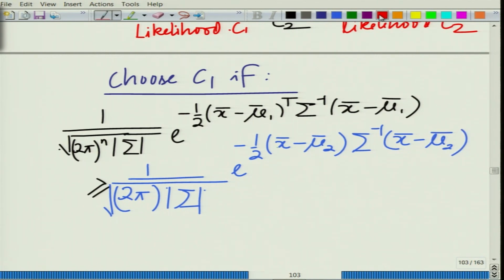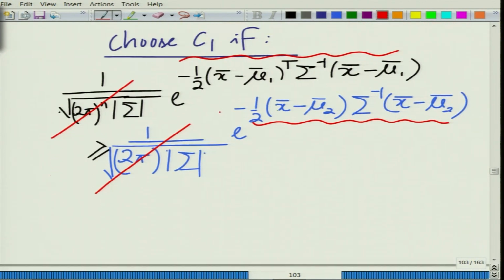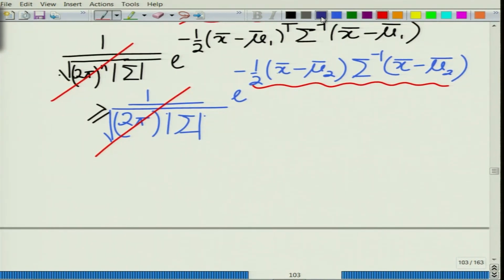And now you can see from this that these constants go away, and now you are left with only the exponential. Essentially you can choose C1 if the exponent on the first is larger than the quantity in the exponent on the right, but there is a negative sign in front of it. And the half is essentially a scaling factor.